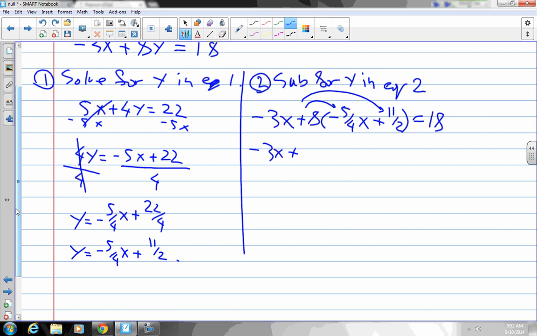Twice, so then 2 times 5, 10, and there is a minus there, so negative 10x. Is that okay? 4 goes into 8 twice. 2 times 5 is 10. And then same thing, 2 goes into 8 4 times. 4 times 11 is plus 44 equals 18.